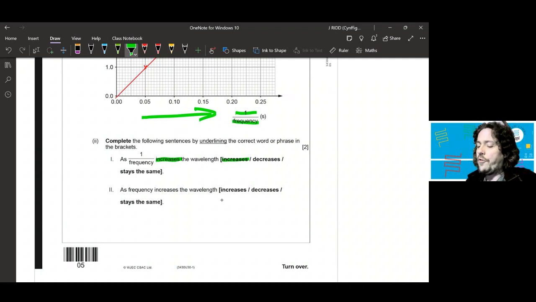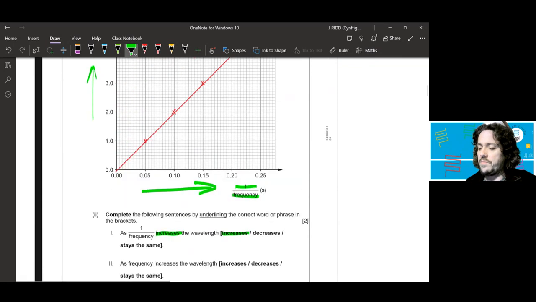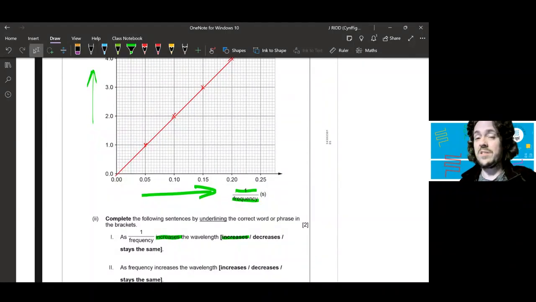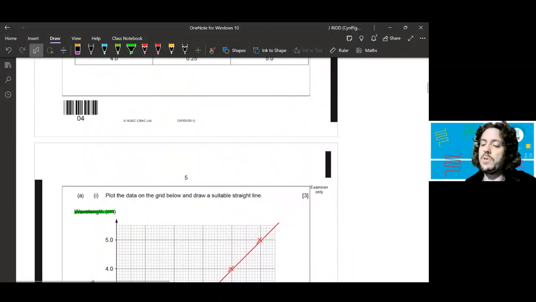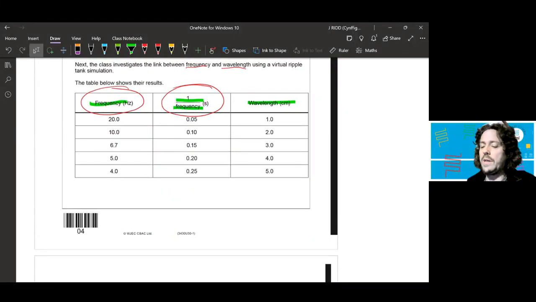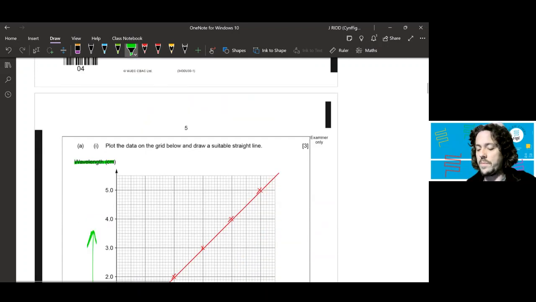Part 2 says, as the frequency increases, the wavelength, well, we've got some options again to choose. Because my graph is telling me about 1 over frequency, I'm going to go back to the table to answer this. We look at an increase in frequency. As the frequency increases, that's like reading up the table, isn't it?